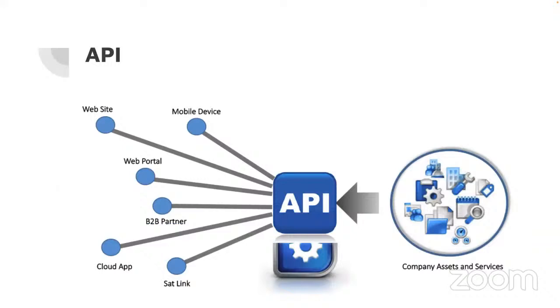Let's not forget APIs, application programming interfaces. Those need security as well. APIs are interfaces between clients and servers or applications and operating systems that define how the client should ask for information from the server and how the server will respond.